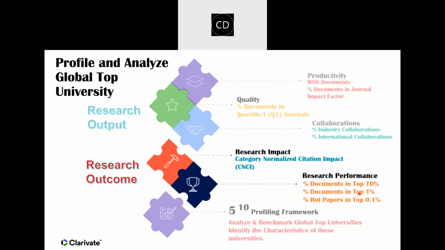And correspondingly, these are documents in the top 1% of their field based on citations. Then you also have the hot papers. These are papers published in the more recent 2 years, and these are papers that have citation counts that put them in the top 0.1% of their field. So all in all, these are the indicators that you would be able to use if you want to benchmark different entities against each other.